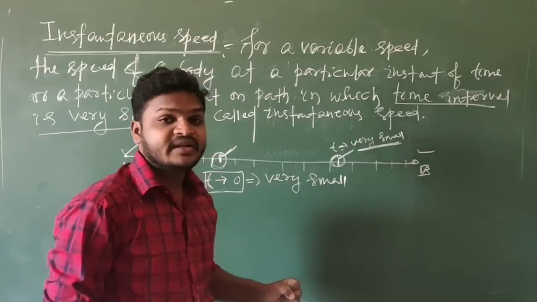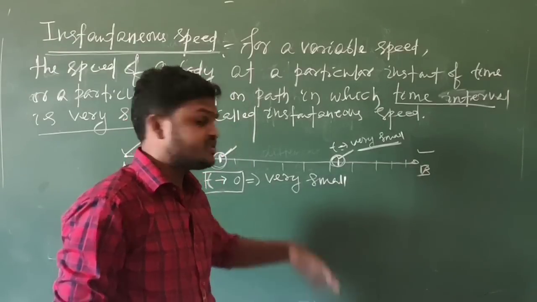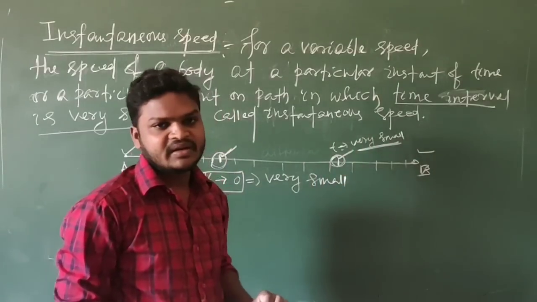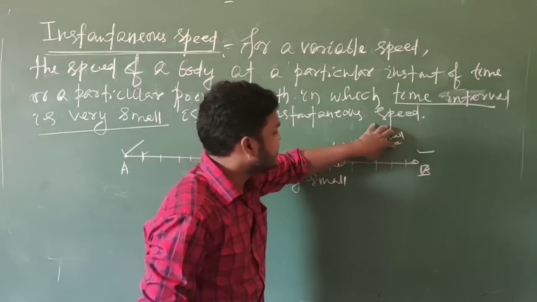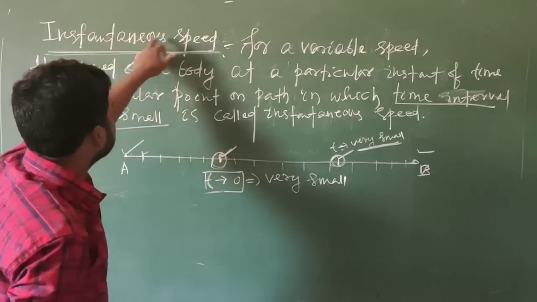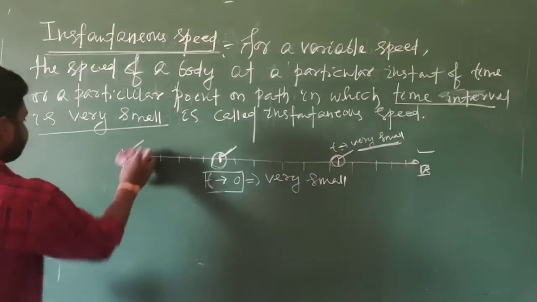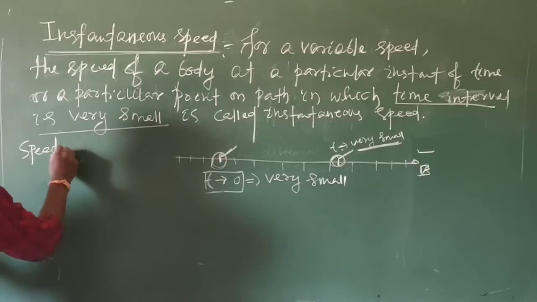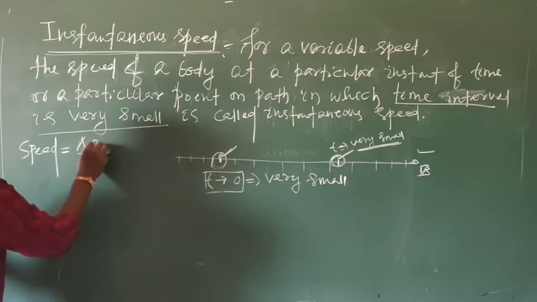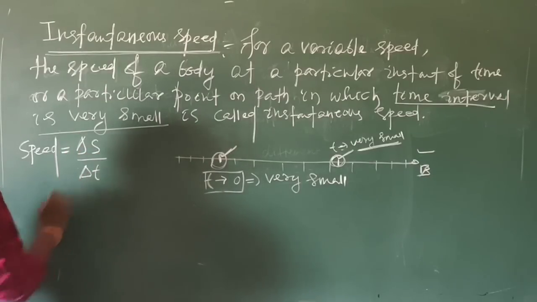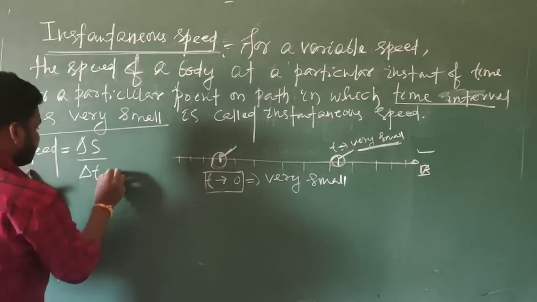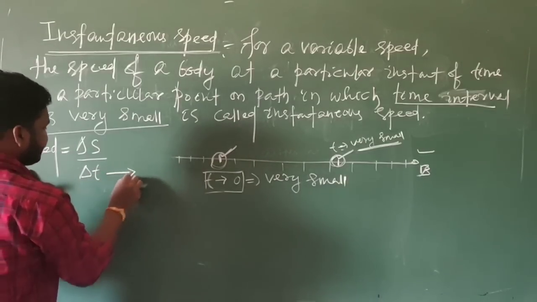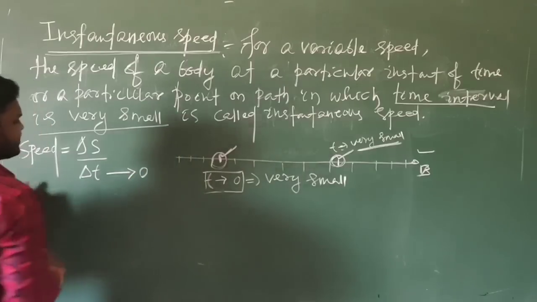You calculate the speed of that body at any instant of time, or suddenly you calculate the speed of the body, so the time interval is very small. And if the time interval is very small then the speed of the body is said to be instantaneous speed. We know that speed is equal to changing distance upon changing time, but in case of instantaneous speed the time interval tends to 0.